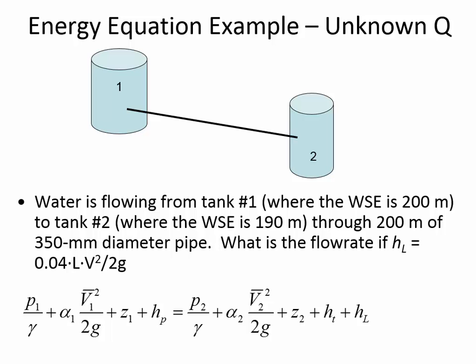Just because we were smart about location 1 and location 2, it turns into this: Z1 is equal to Z2 plus the head loss. And we know that the head loss term is 0.04 L V squared divided by 2g.